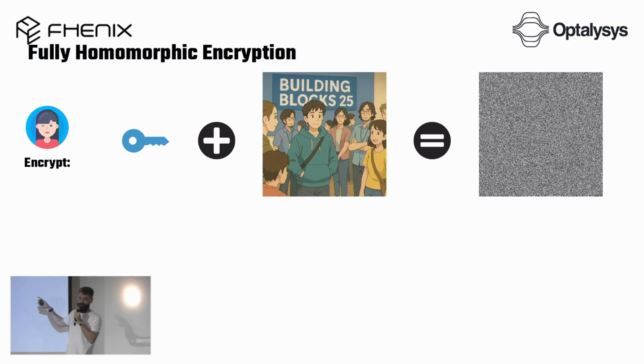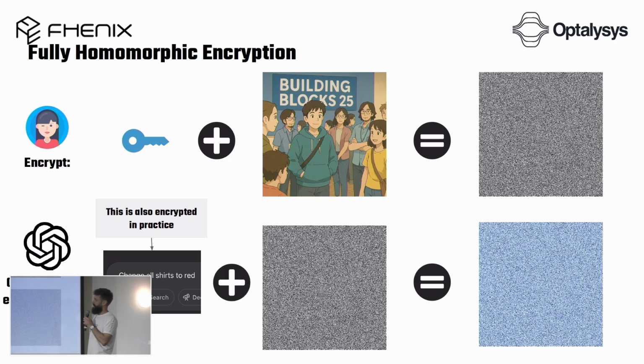Now, FHE. The concept is pretty much the same, with a very important distinction. We still have an encryption key, and we encrypt our data, and we get an encrypted blob that basically means nothing. The beauty about FHE, too many abbreviations, is that we can actually manipulate the encrypted data without revealing it first, without decrypting it.